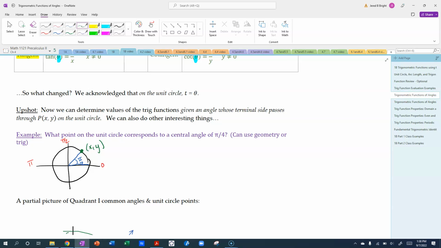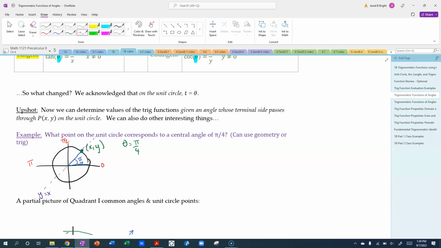Here's what I notice. If theta is equal to pi over 4, that is perfectly along the line that splits this quadrant, because it's halfway between pi over 2 and 0. This line happens to be the line y is equal to x.